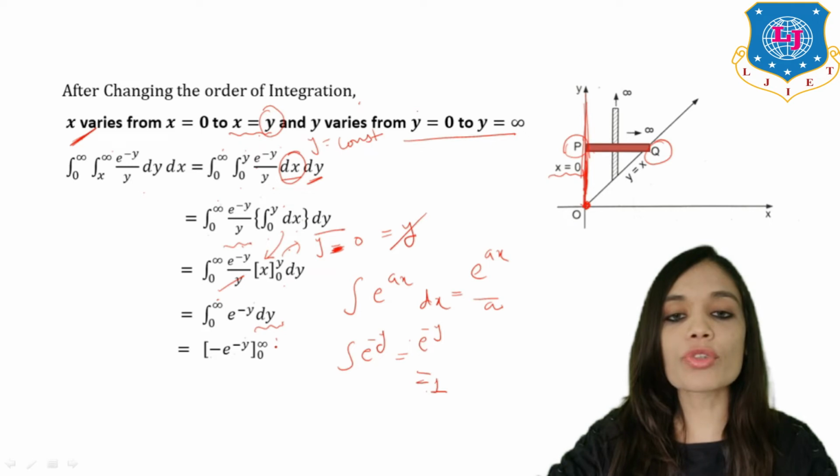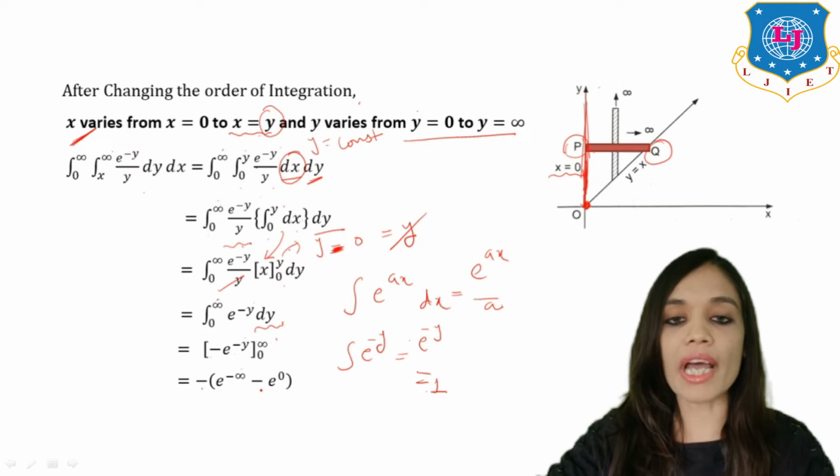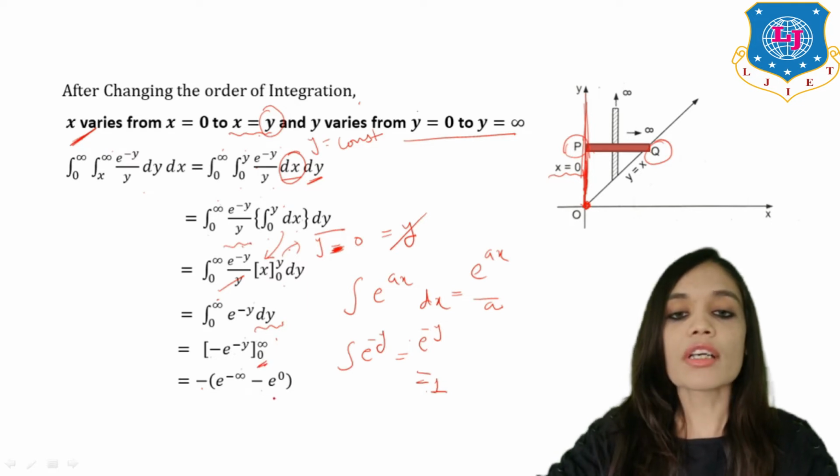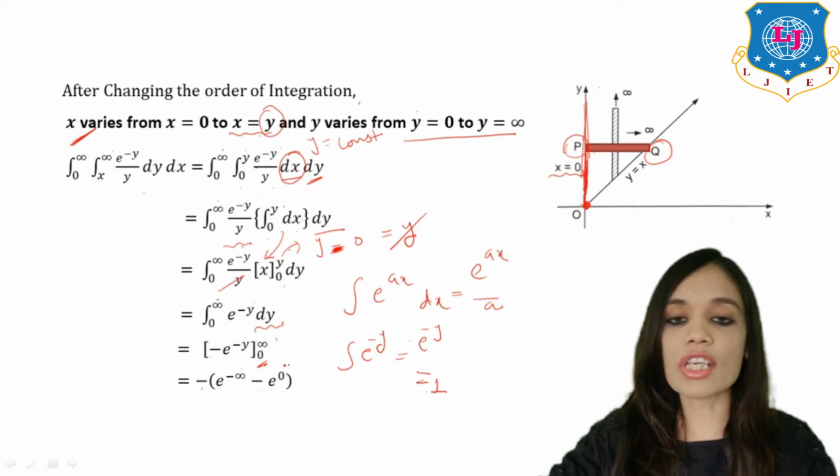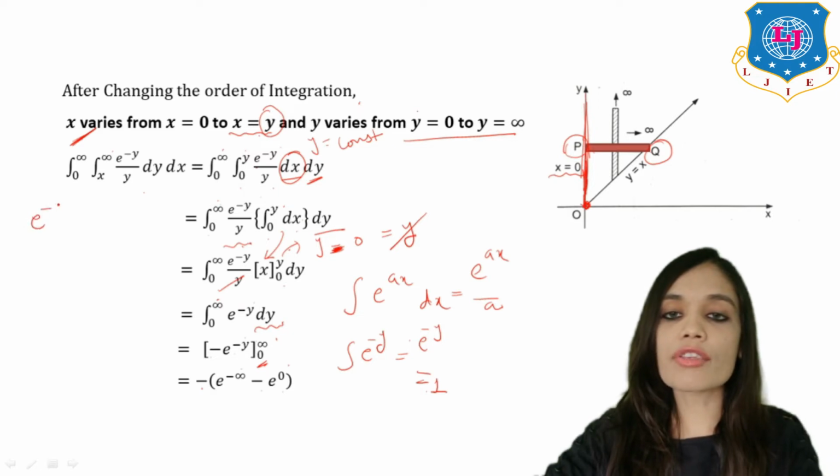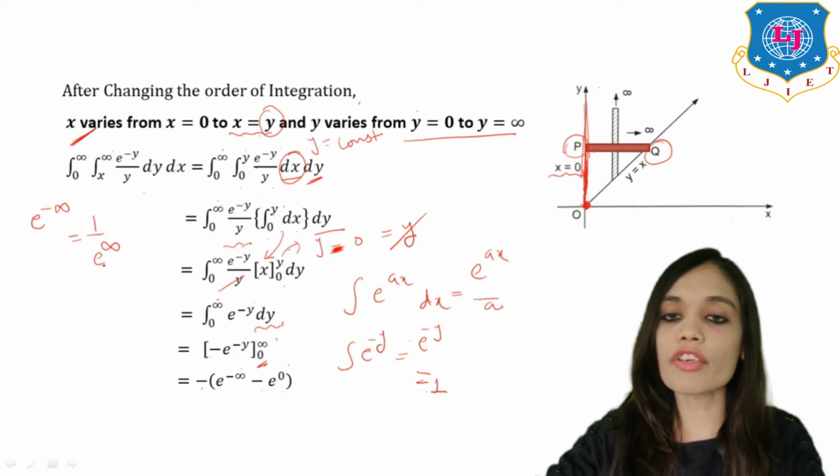Now let us put the infinity, but firstly take out minus common. So you will get minus. Now put the limit as infinity, so you will get e raised to minus infinity minus, put the lower limit, so minus e raised to 0. Now we know e raised to minus infinity is equal to 1 upon e raised to infinity.